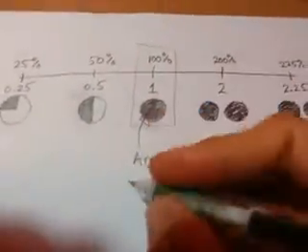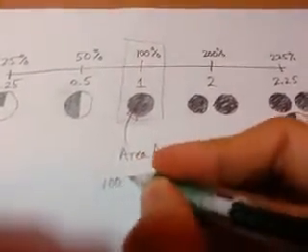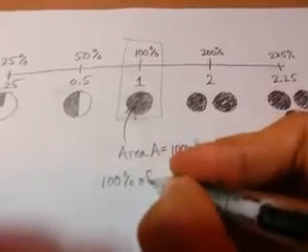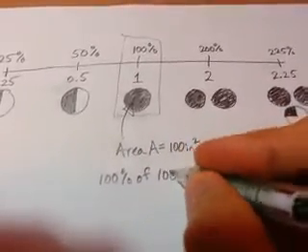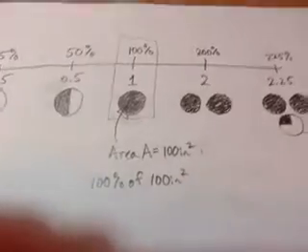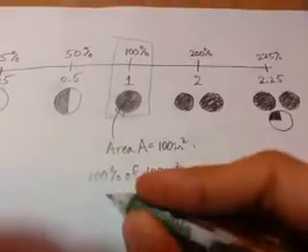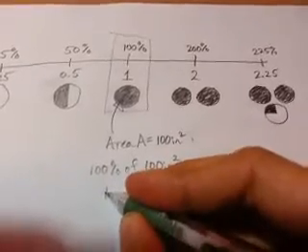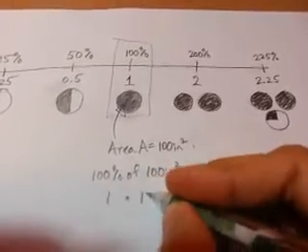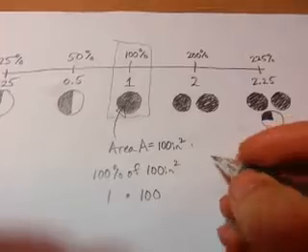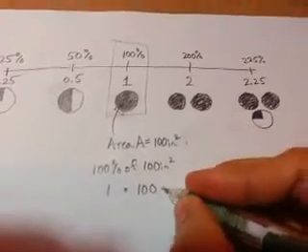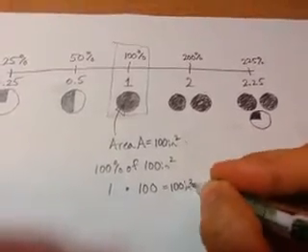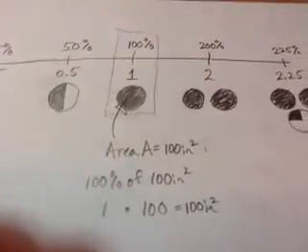That means I want to eat 100% of the 100 inches squared. 100% as a decimal is 1. So I want 100% of the 100. How much do I get? I get 100 inches squared, obviously.